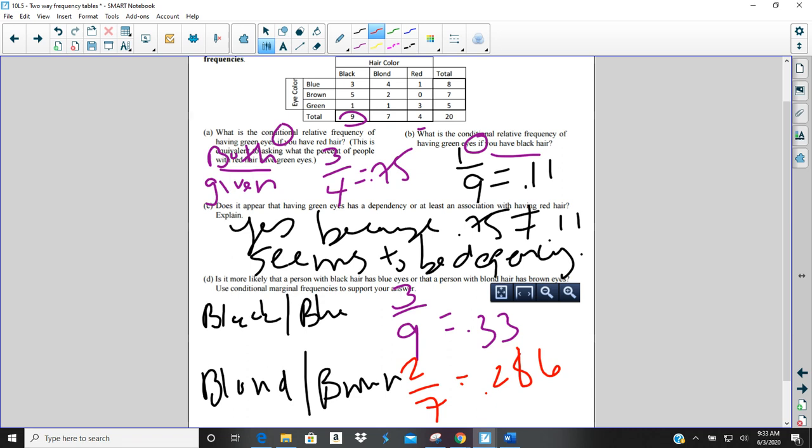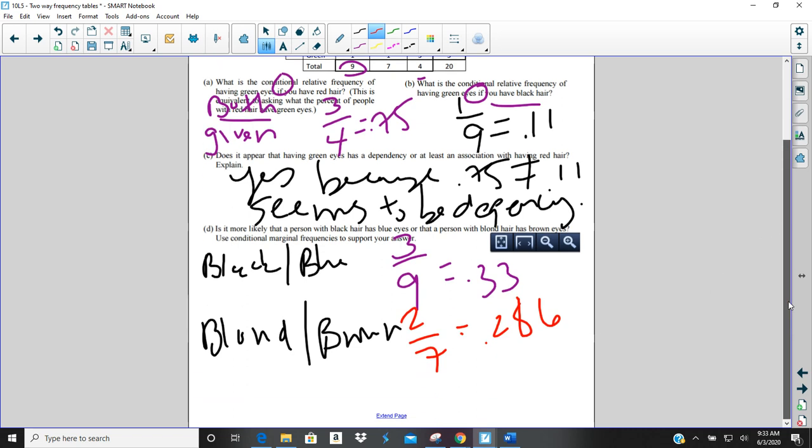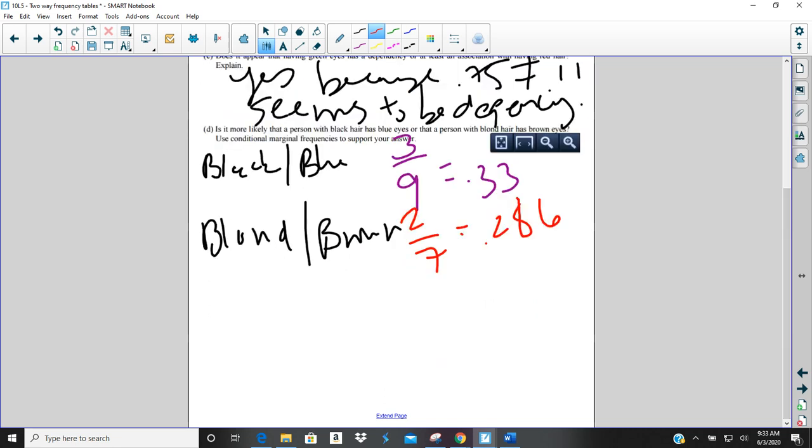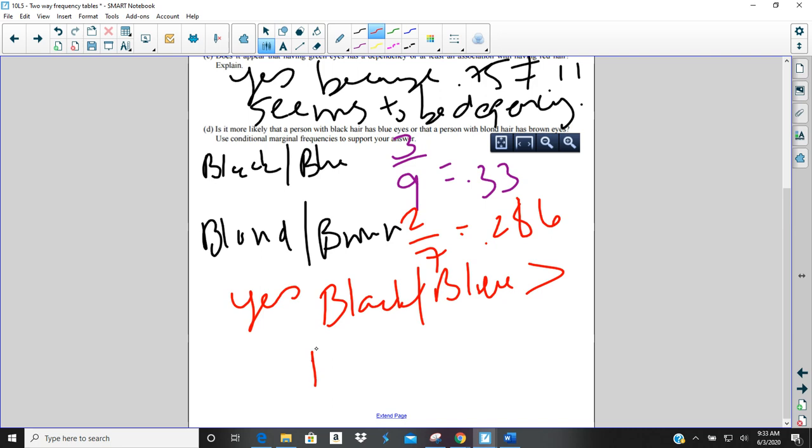So is it more likely a person with black hair has blue eyes or a person with blonde hair has brown eyes? Justify your answer with math. So obviously, yes, black with blue is greater than blonde with brown.